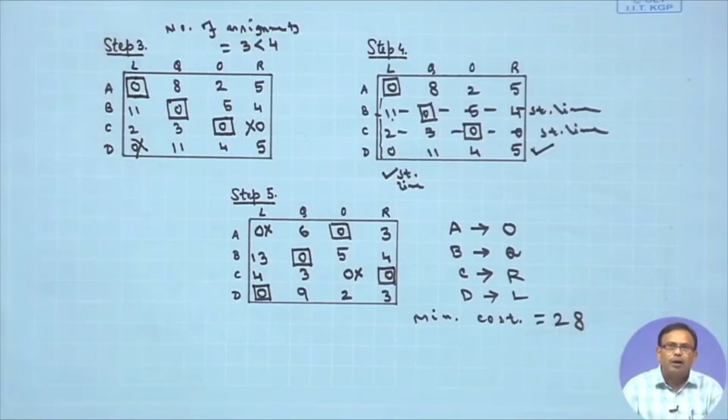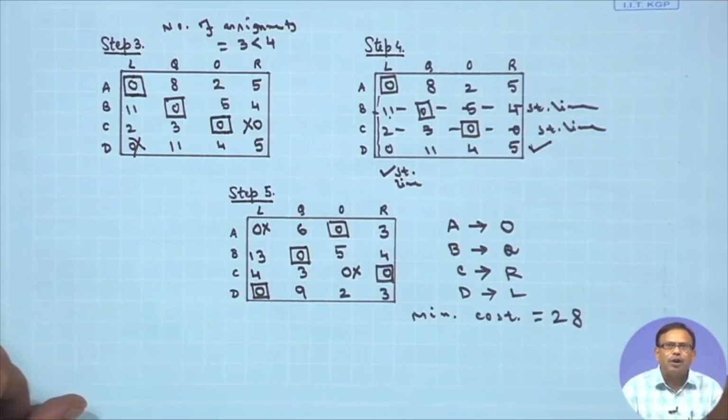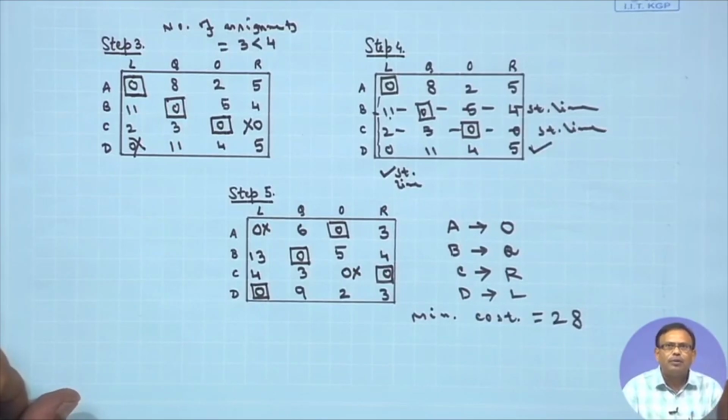So, by this way you can find the solution of an assignment problem. And if the assignment problem is not balanced, in that case you can make it balanced by adding either a row or a column suitably. This is a very easy process compared to the procedure we followed for solving a transportation problem or a linear programming problem.